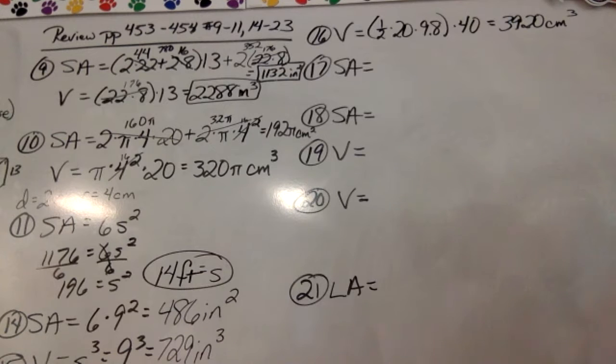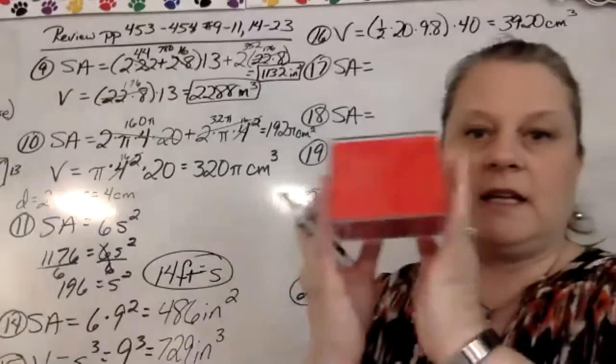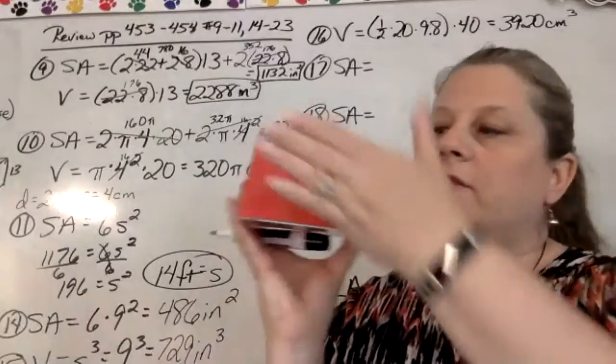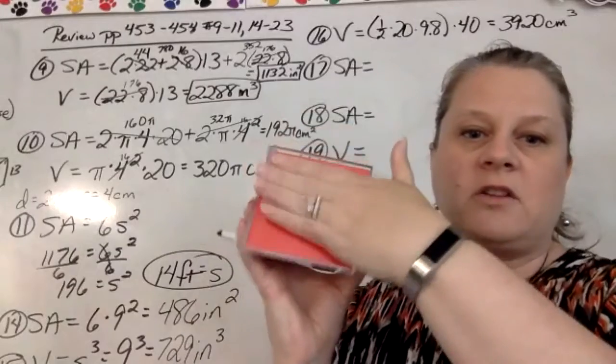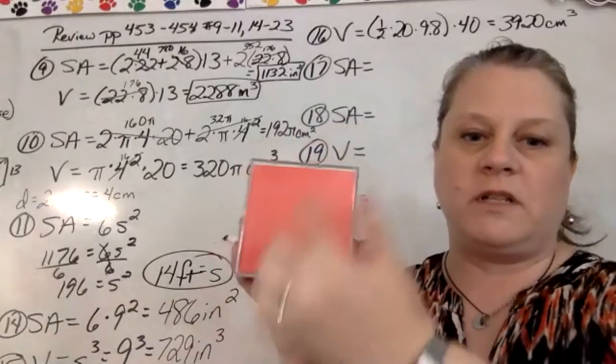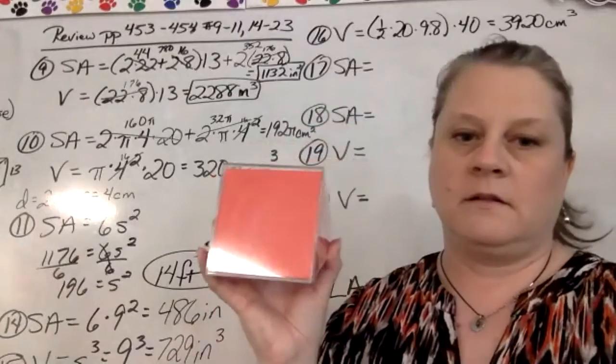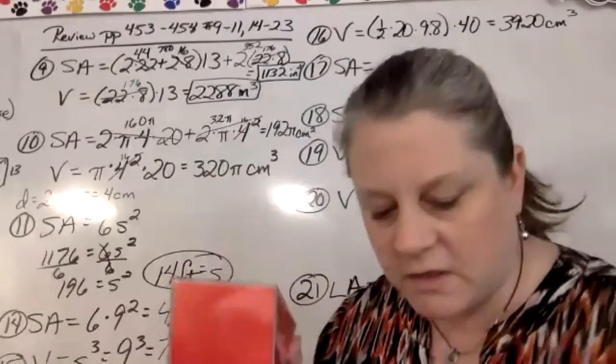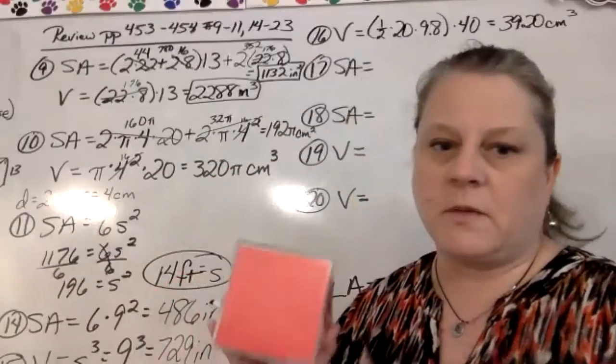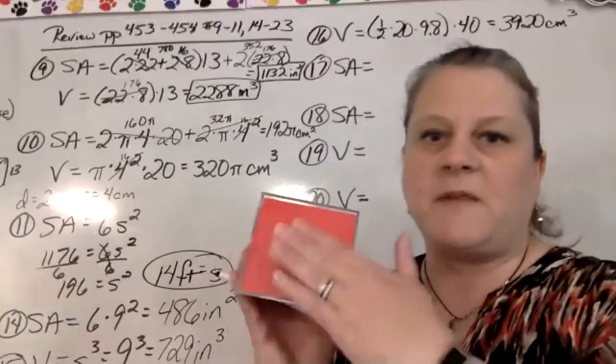Now, for your lateral area on a triangular prism, another way to think about it is you have the two triangles on the end, and then the other three faces that connect the triangles together are what shape? On your picture, the shape that's facing you is a what?